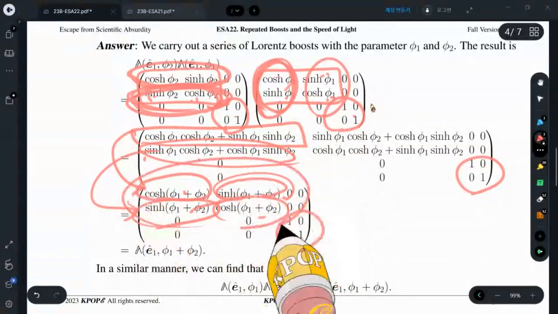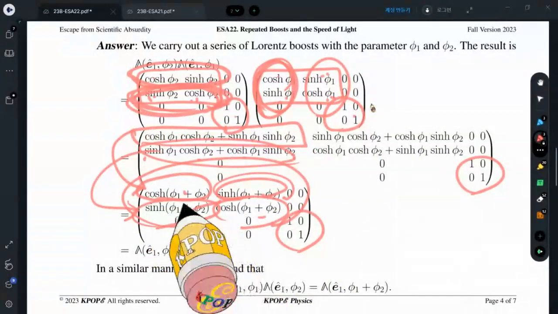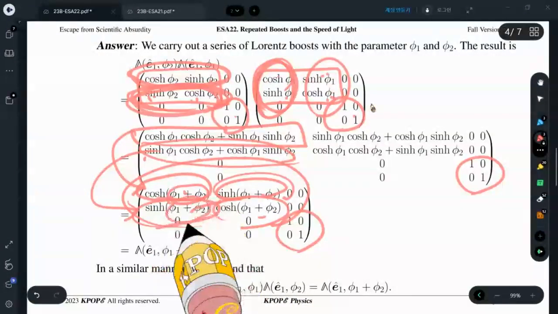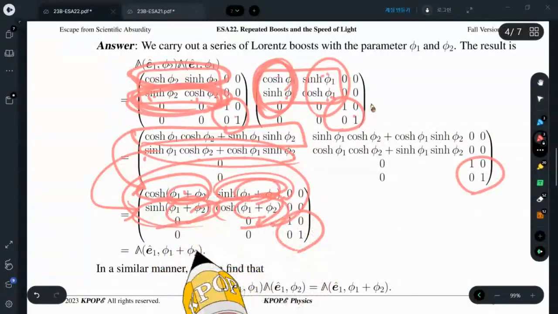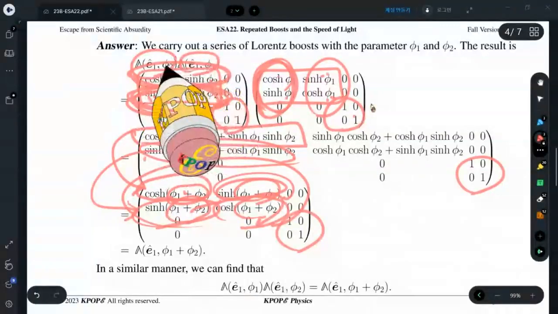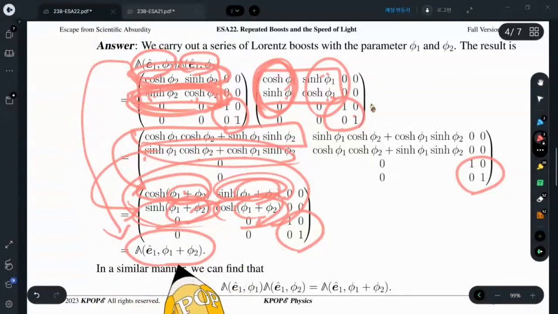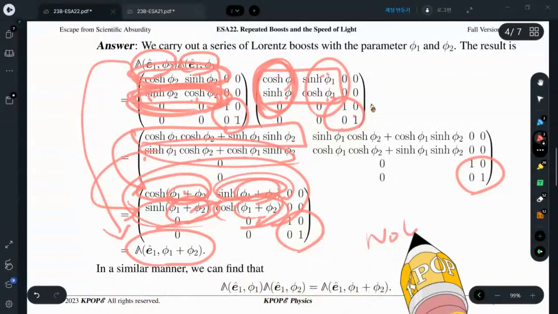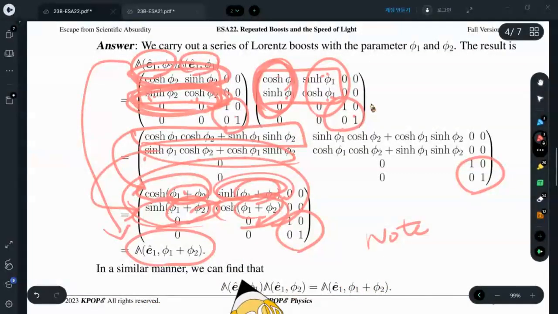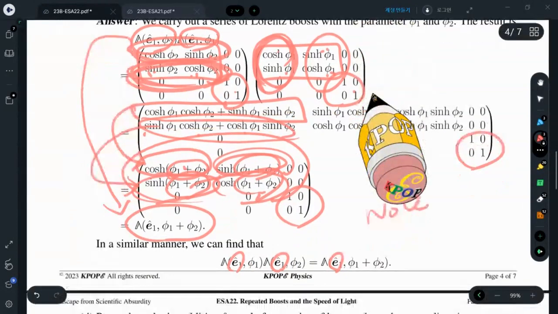Okay, perfect. Still, we have the symmetric structure, and the only change is the sum of the arguments. So if you repeat two boosts, they can always combine into a single boost. Note that we are making the boosts along the same direction. If we boost along different directions, we may have a rotation.